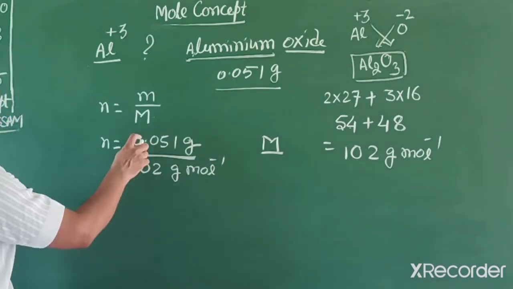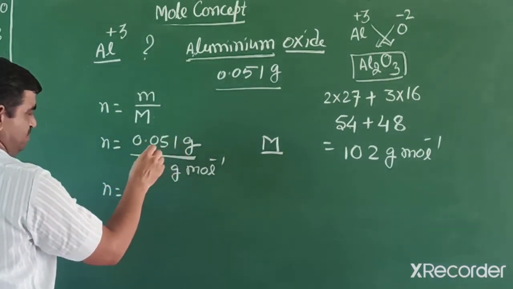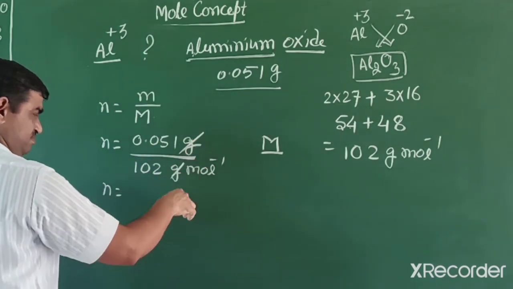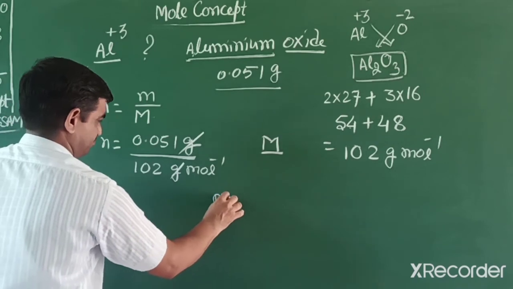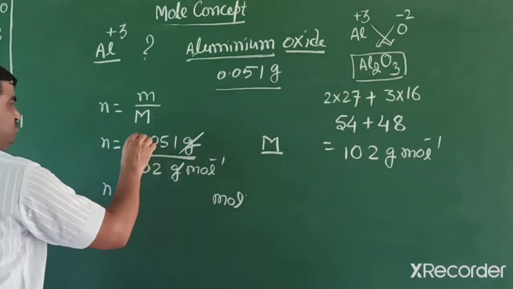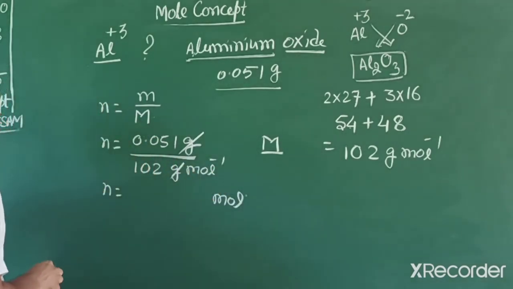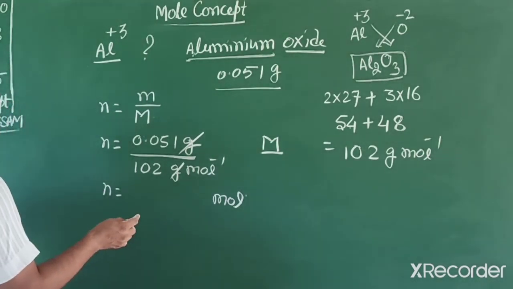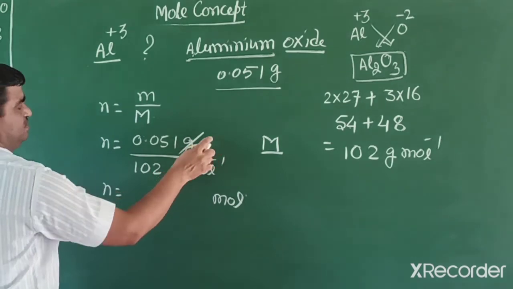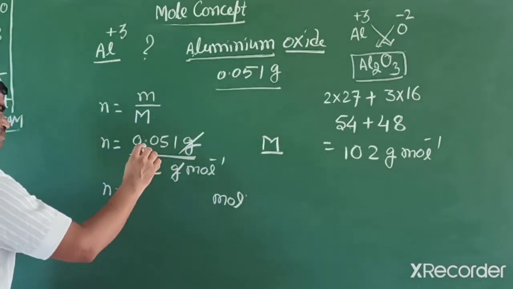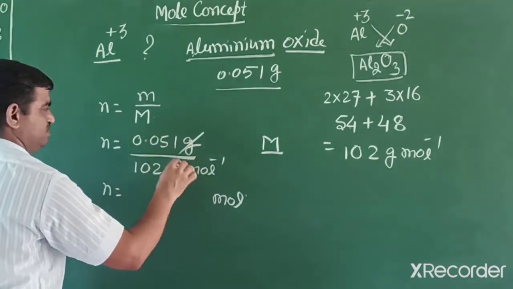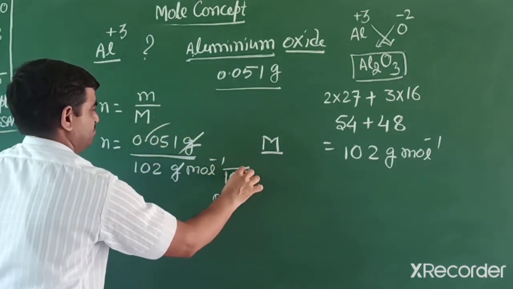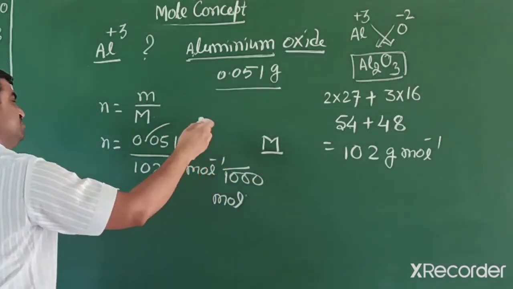If we solve, it is 51 over 102. If you remove the decimal point, then we can write 10 to the power minus 3, or we multiply and divide both by 1000.